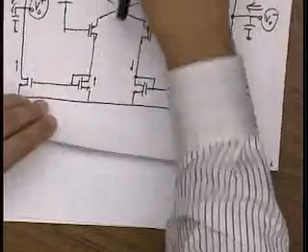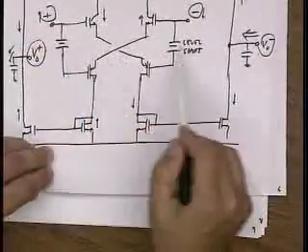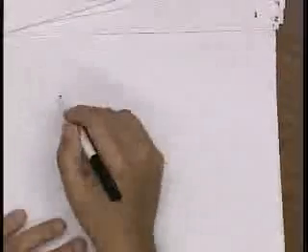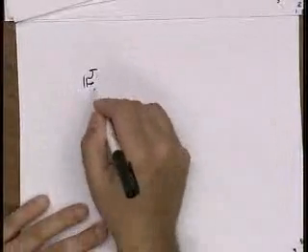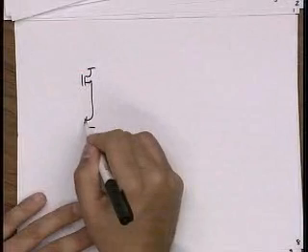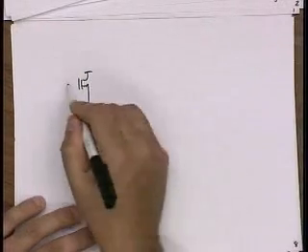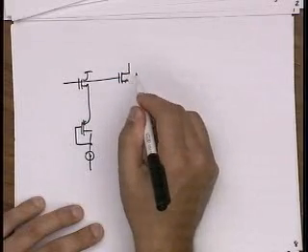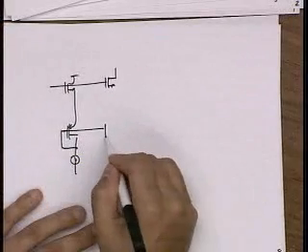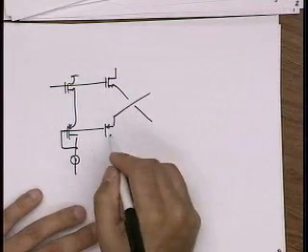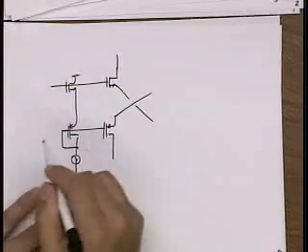Okay, so how do we realize this in practice, right? What we need is some level shifters. And of course we could just use diode connected transistors as level shifters. I'll just draw half the circuit.